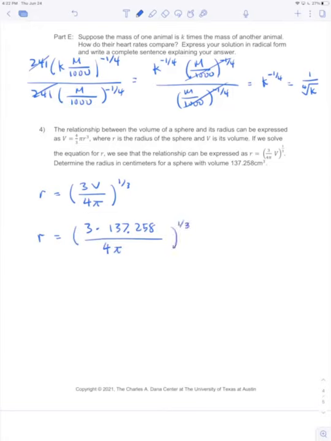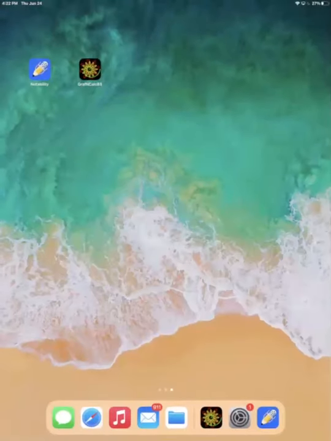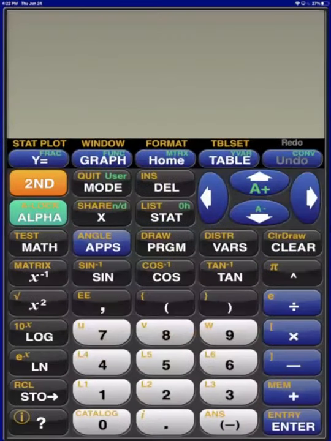So one more time, we're going to go back to our calculator. Let's clear this and start anew. And what do we have? We have a fraction, so we're going to take 3 times 137.258. And then the denominator is 4 times pi.